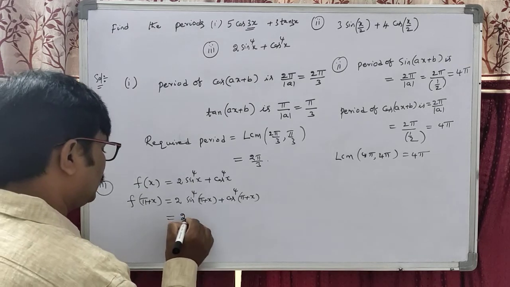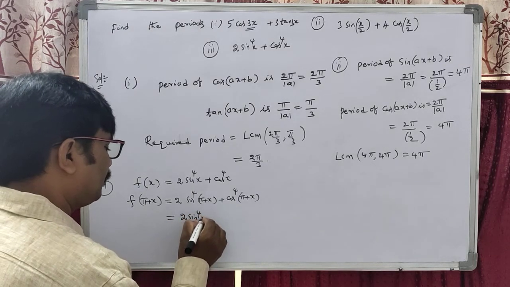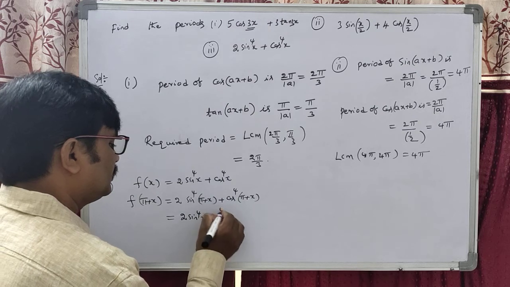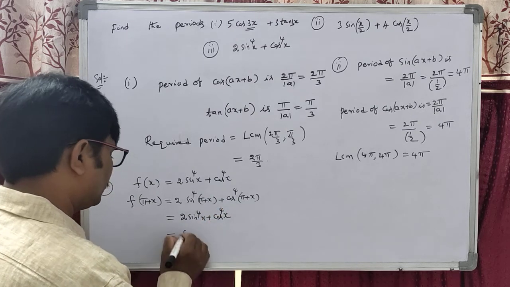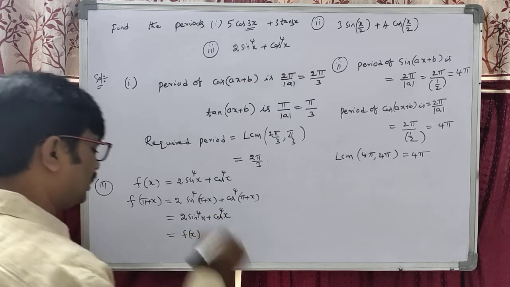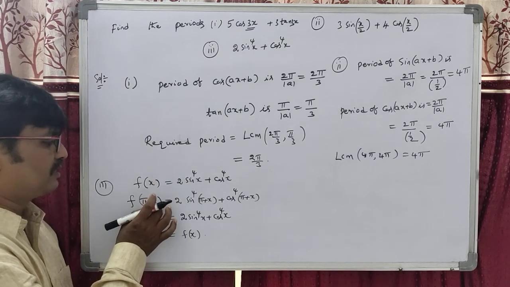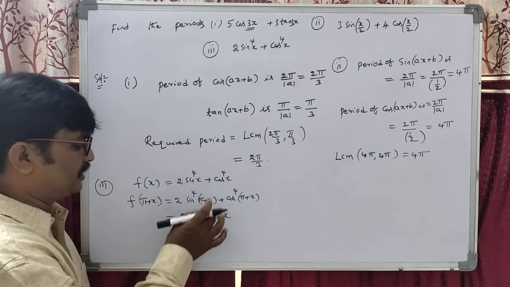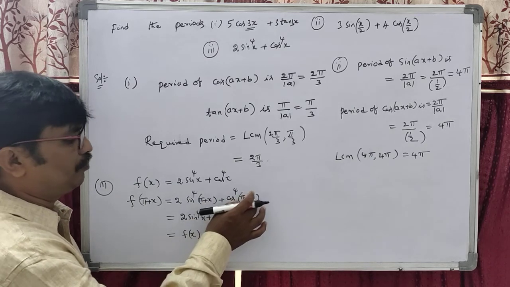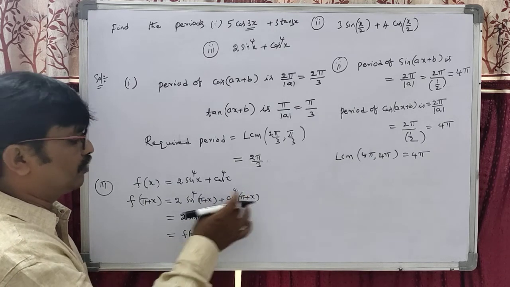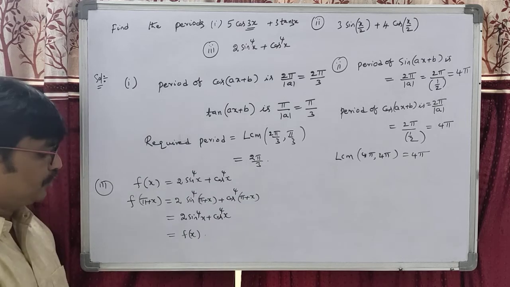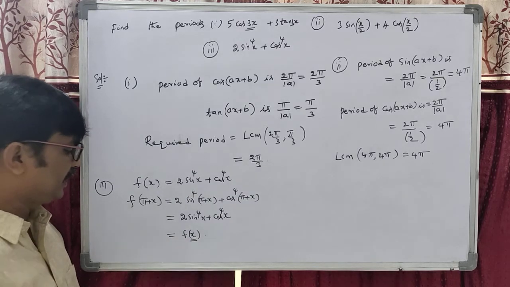So students, this is 2 into sin power 4x plus cos power 4x. This can be written as f of x. We replace x by pi plus x: sin of pi plus x is minus sin x, cos of pi plus x is minus cos x. Both are minus, and minus power 4 is plus. We got f of x.